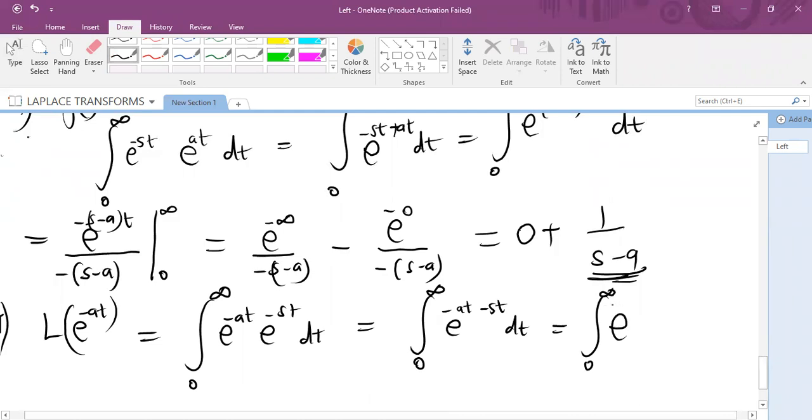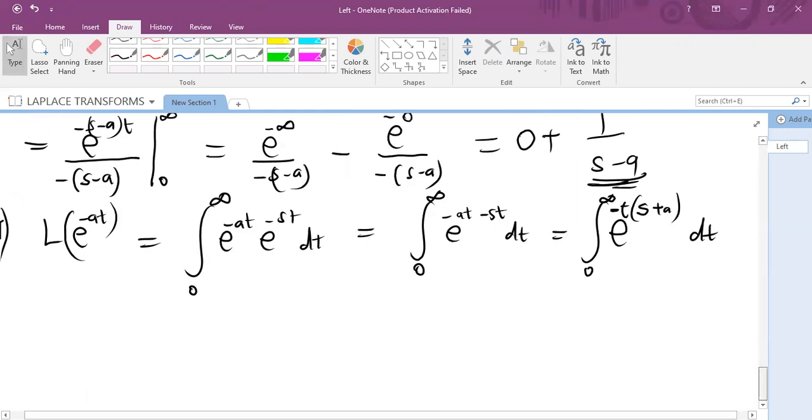Notice all the time I'm taking the minus outside. So I'll take minus t outside, then I will remain with (s plus a) dt. Integrating that, the integral will be e^(-(s+a)t) divided by -(s+a), and the integral is from 0 to infinity.